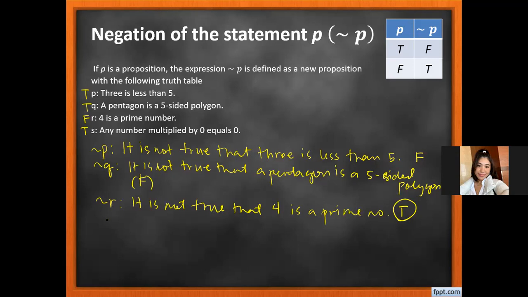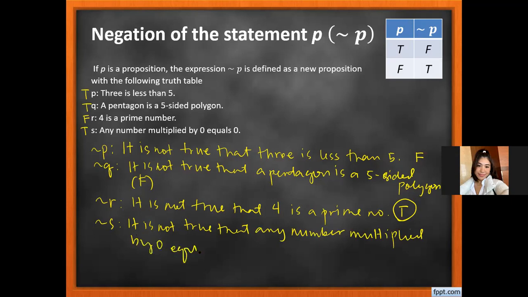Okay, so for S, negation of S, it is not true that any number multiplied by 0 equals 0.